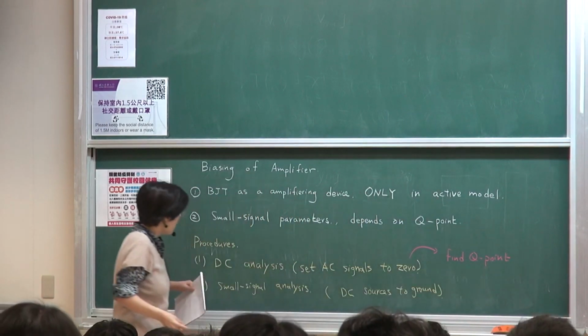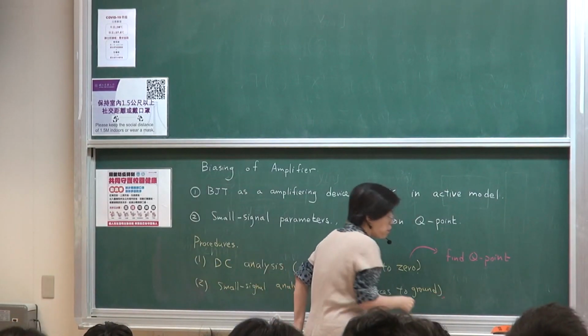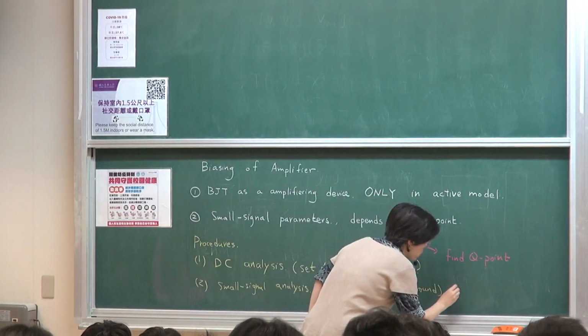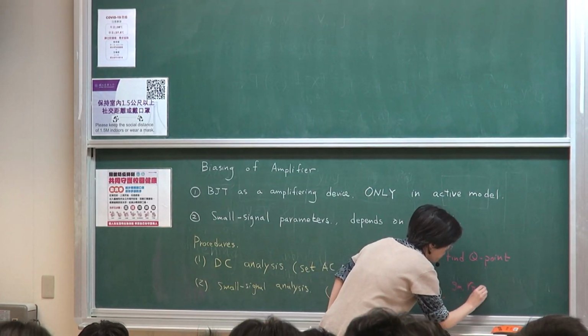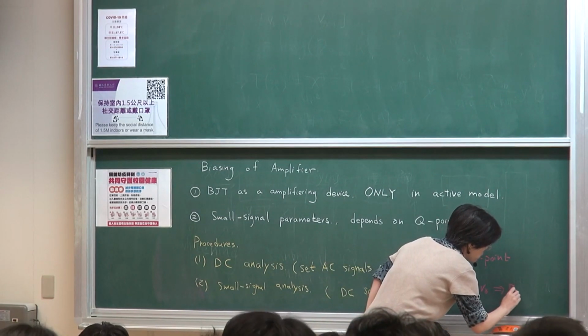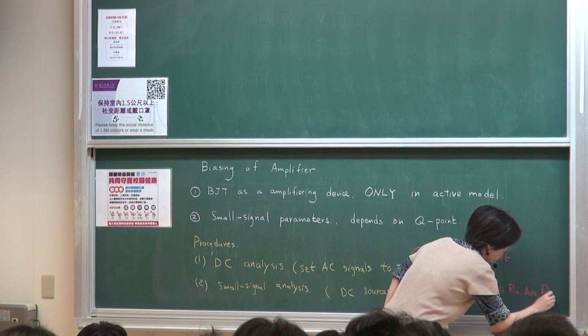Okay? And for small signal analysis, what you want is to find out the behavior of your circuit, which is mainly through finding gm, r pi, ro, your small signal model, and we want to get your input resistance and voltage gain, if we're dealing with voltages.